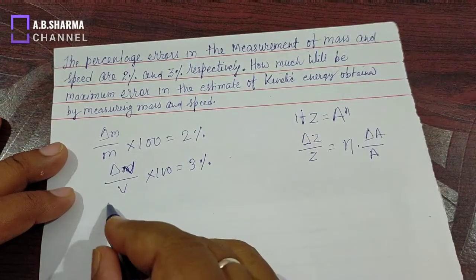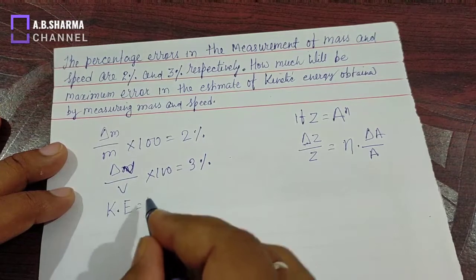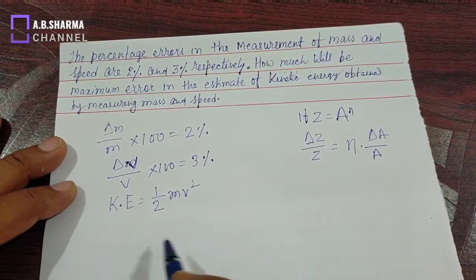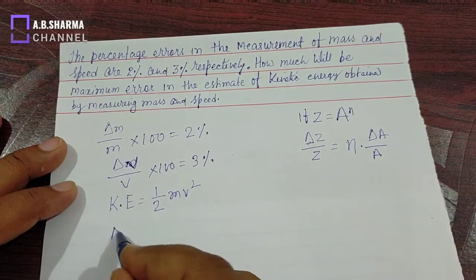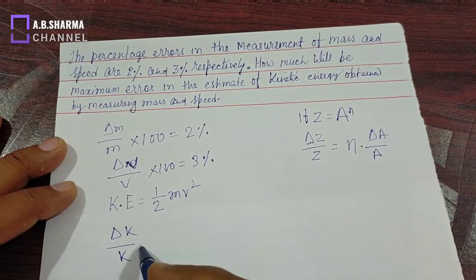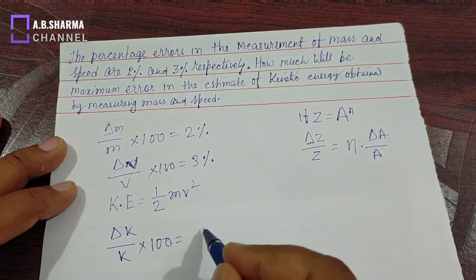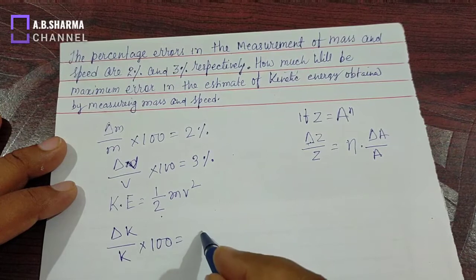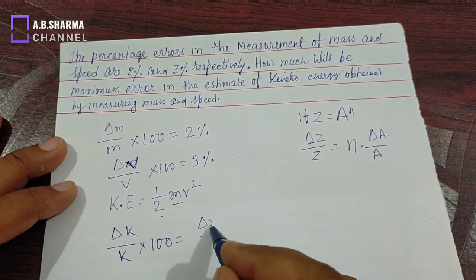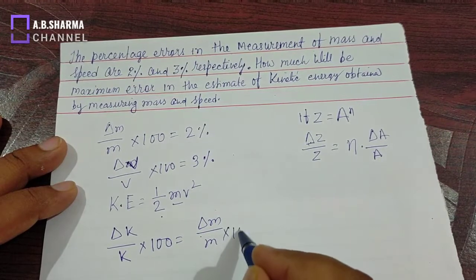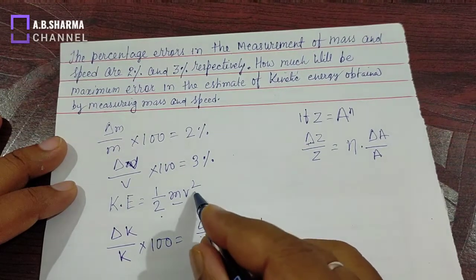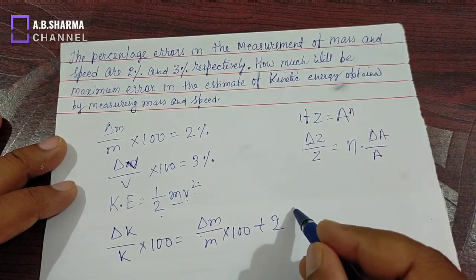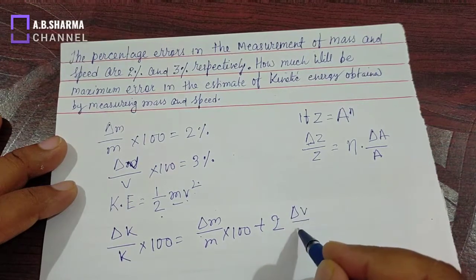Now you know that the formula of kinetic energy is 1 over 2 mv square. So delta K over K into 100 equals, this is a numeral part, so this will be neglected, delta m over m into 100, and 2 is the power on v, so this will be the coefficient 2, delta v upon v into 100.